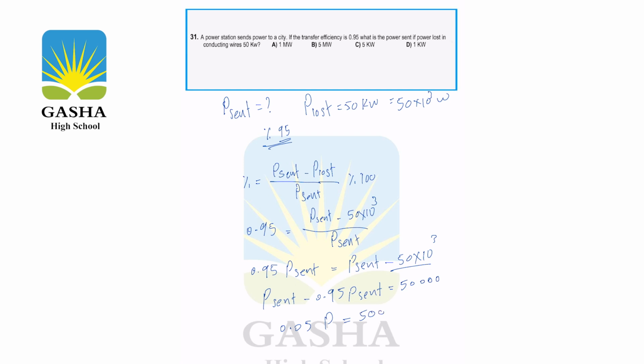That's equal to 50,000. And power sent is 50,000 divided by 0.05. And that will be equal to 1 megawatt. That's equal to 10 to power 6 watt, and 10 to power 6 is 1 megawatt. So 1 megawatt is the correct answer. So that's choice A. A is the correct answer.